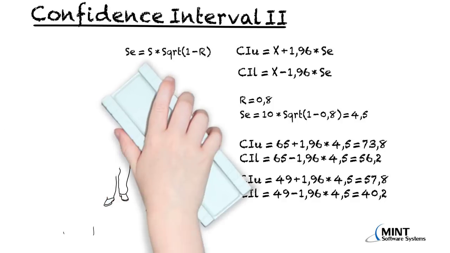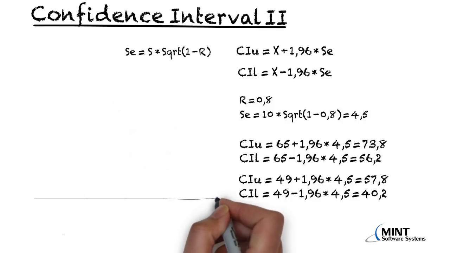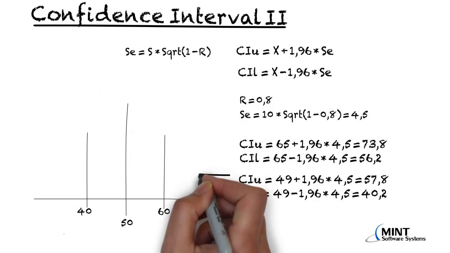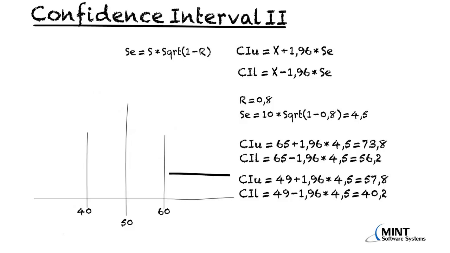To answer these questions, I would like to draw a T-scale here. Some values. The expected value on a T-scale is 50. One standard deviation above is 60 and one standard deviation below is 40. Now, if we have a confidence interval which is completely above 60, we call the performance above average, like it is shown here, if it is completely above 60.